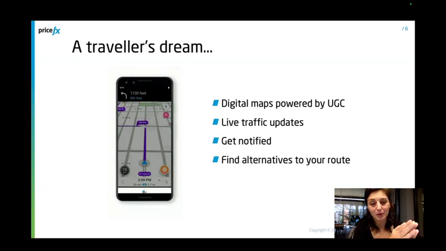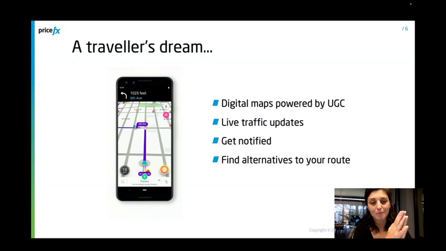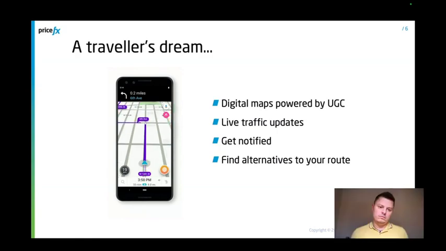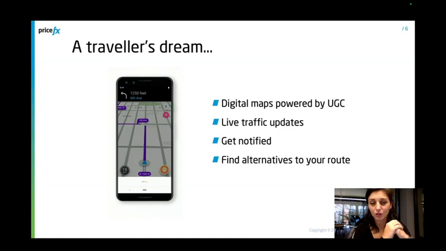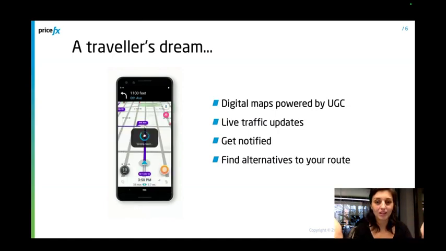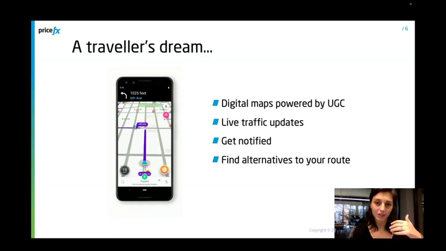So now we don't have to worry about all this anymore, right? We have our apps. It might be Google Maps or it might be Waze, but it's beautiful because we can just drive without any care in the world. It tells us exactly where to go. It is powered by user-generated content, which makes it extremely powerful, right?